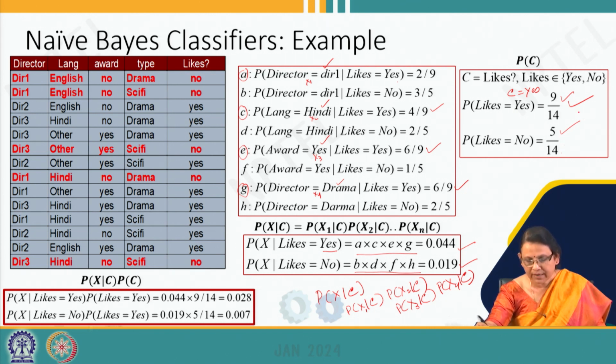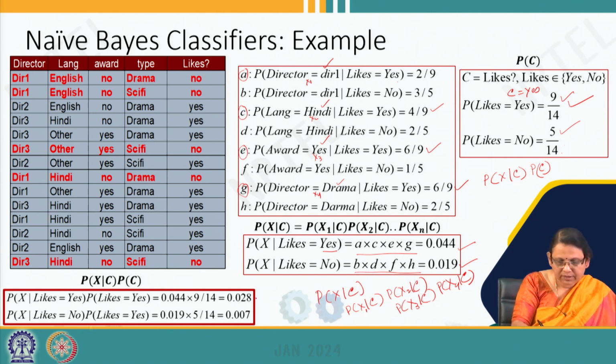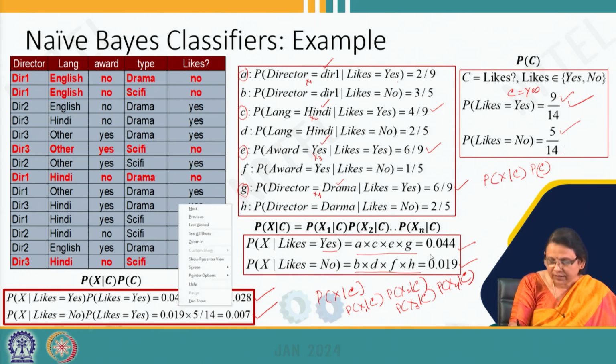So this you computed. So now probability of X given C into probability of C. So this you have computed, probability of X given C, and now you multiply both. So this is for C equal to yes, this is for C equal to no. So where is this value coming from?